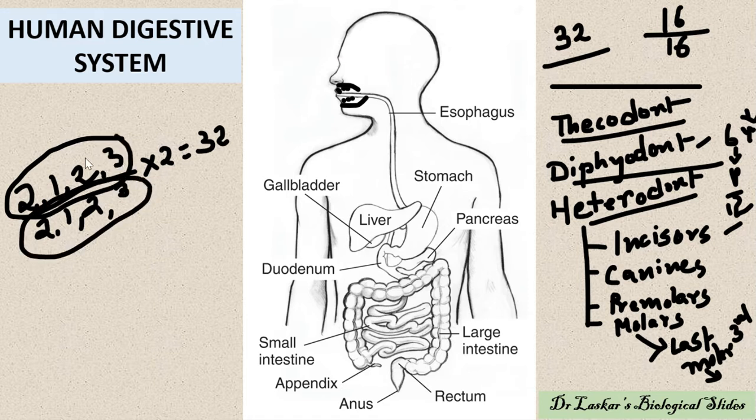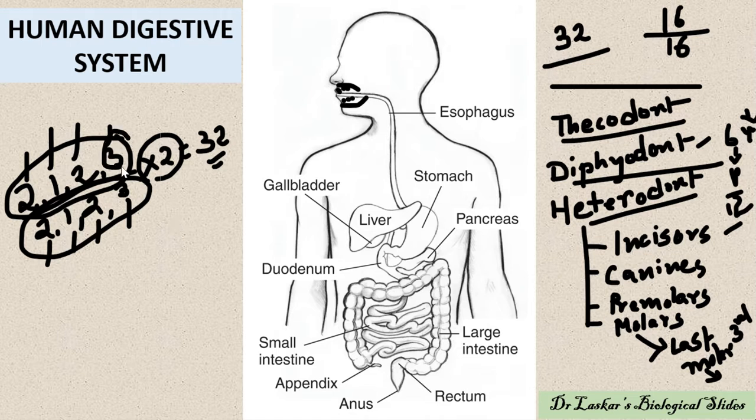In that half of the upper jaw, two incisors, one canine, two premolars and three molars are present. In the lower jaw also the same arrangement. As we are taking the half part, we multiply it by 2, and finally we get 32. So that is the dental formula of the human adult.